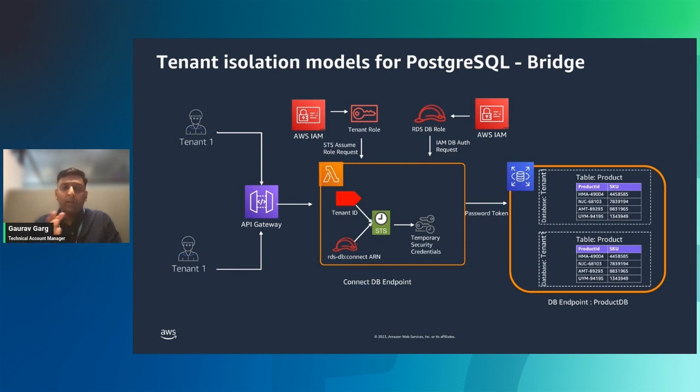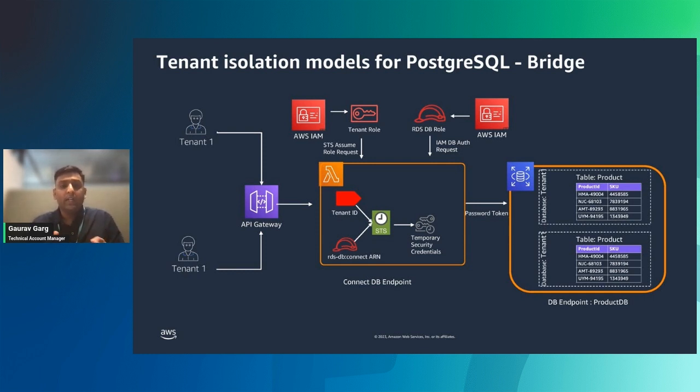Now, the entry point to this solution looks very similar to the pool model. It again uses ABAC and fine-grained flexibility of dynamic policies to control any access to the tenant data. This approach also requires that database connectivity from all the Lambda functions is allowed, and a shared Lambda execution role can be used to achieve that.